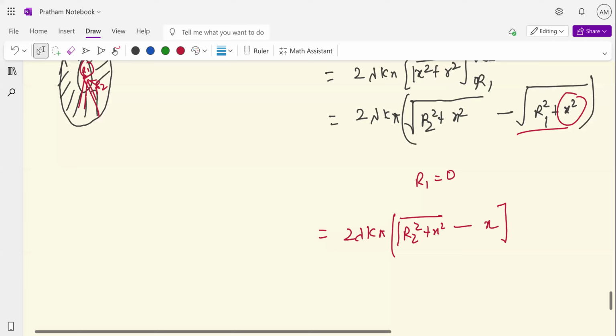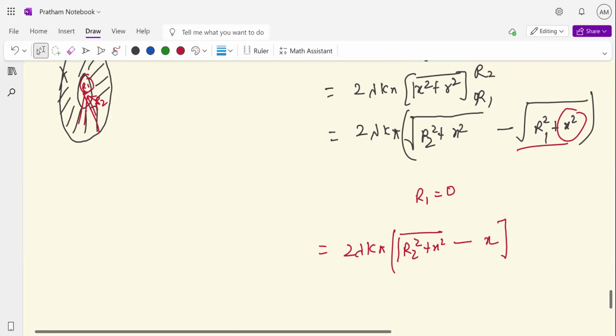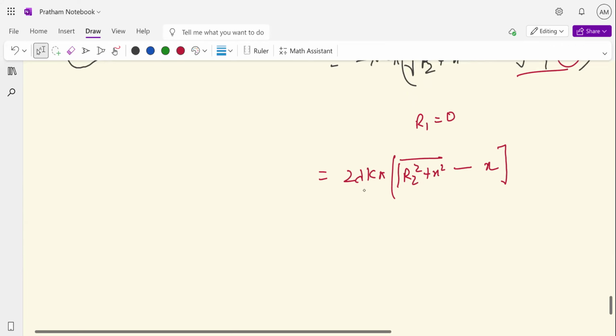So this is what your equation will be left with. Now what you can do is put the value of k. When you put the value of k, 2 lambda, k is nothing but 1 over 4 pi epsilon naught. Pi is there, you can see pi got cancelled, 2 to 2, and you are having r square plus x square.